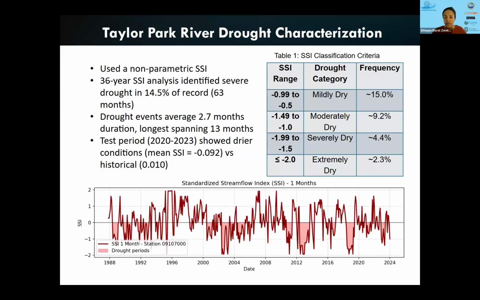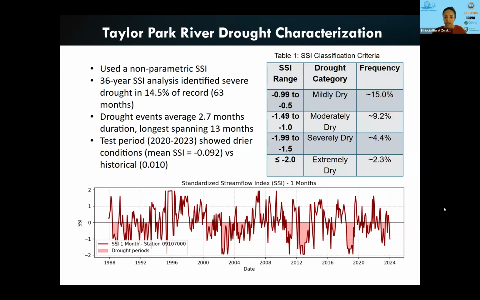Using the outputs generated from the LSTM streamflow data, we calculated the standardized streamflow index. Like Meg said, we selected the Taylor Park River because it's one of the main tributaries flowing into Taylor Park Reservoir and has serious implications for reservoir level during drought conditions. We estimated a non-parametric SSI by combining historical periods with the predicted streamflow from the LSTM, and calculated SSI, shown here as a time series.